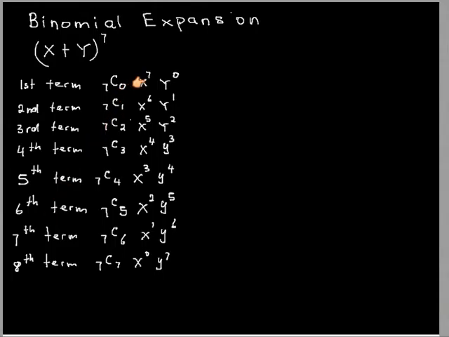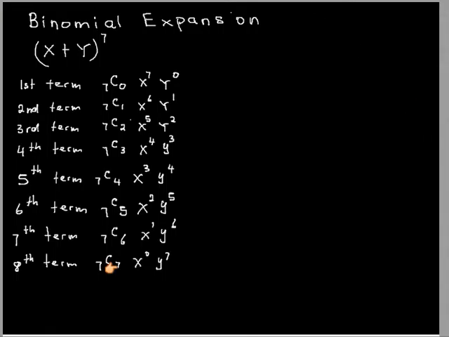The first term is always raised to the power, the difference between these two numbers. So this one would be 5, 4, 3, 2, 1, and 0. The second term is raised to the power, the r values, 0, 1, 2, 3, 4, all the way down to 7.